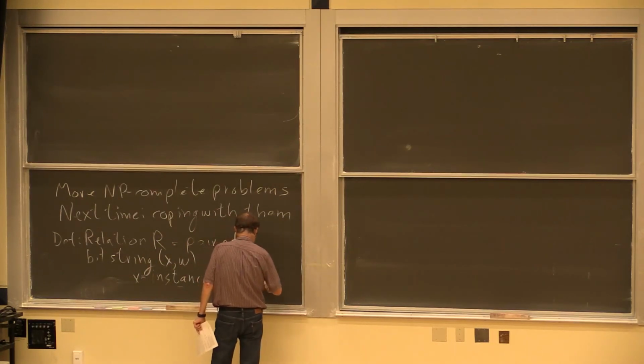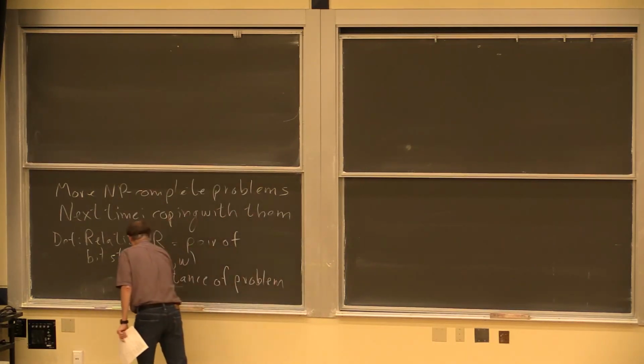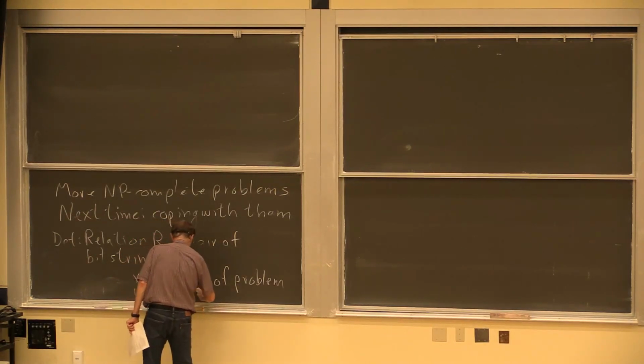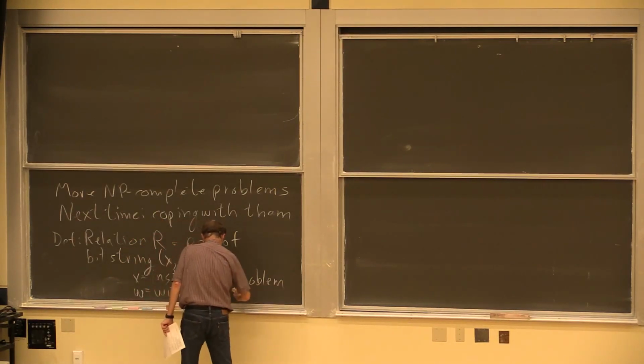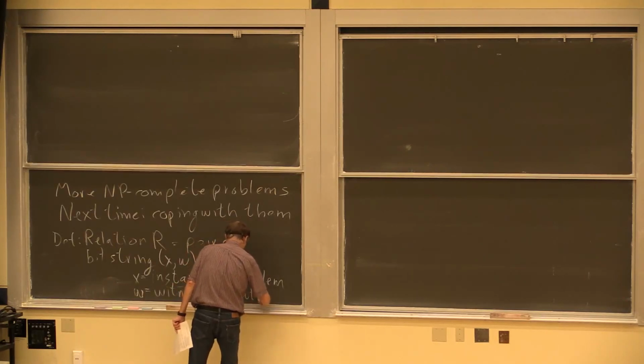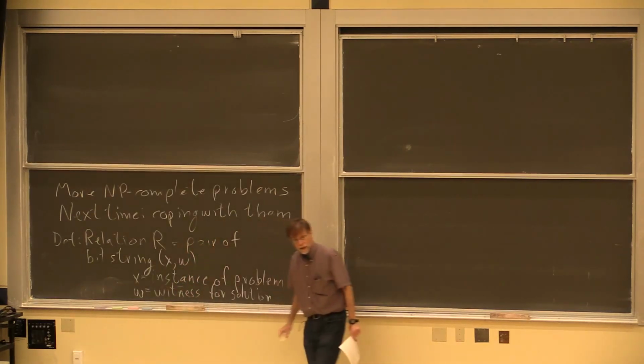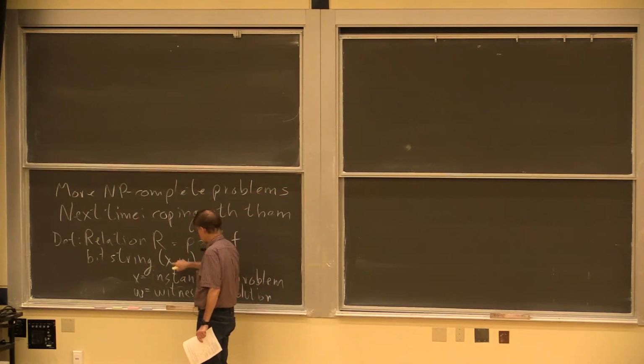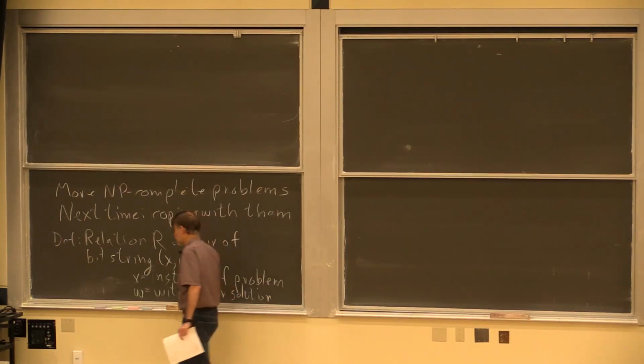So it's the input, and W is a witness for a solution. That is, a proof that the problem is actually solvable. And so, one example was this network with a source and a sink, and this is the max flow.